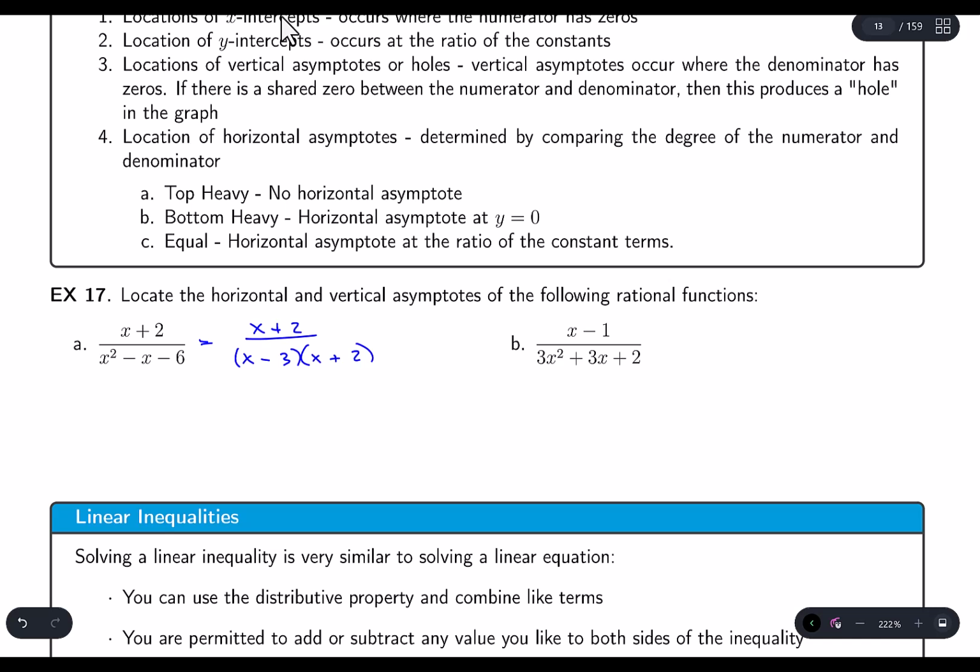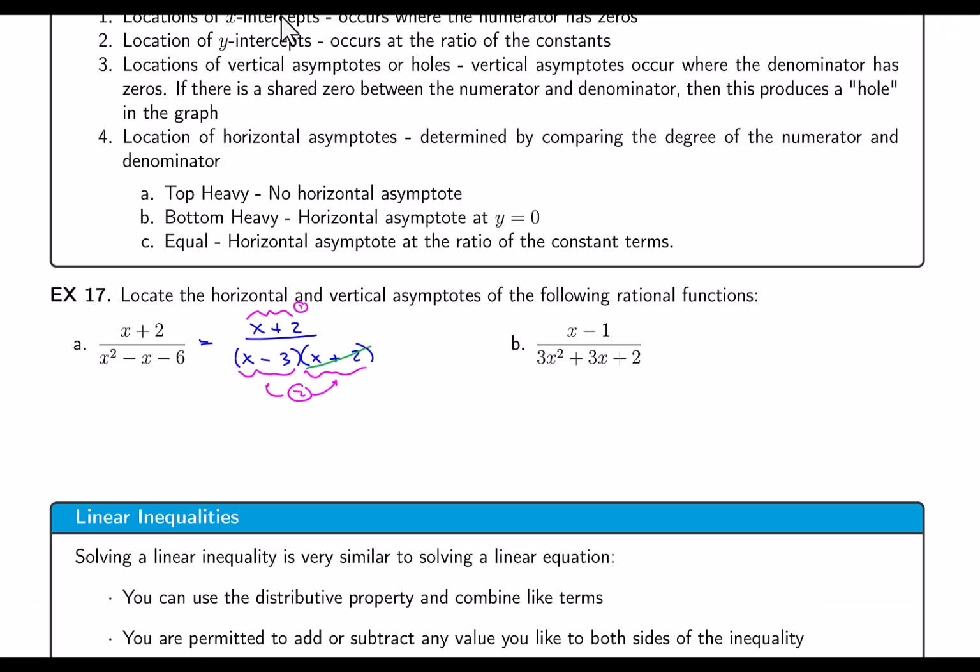So now there's one number in the numerator. There's two numbers in the denominator. And in particular, one number in the denominator matches the one in the numerator. So they can cancel. You can cancel out those full expressions, but you can't cancel out individual terms within polynomials.